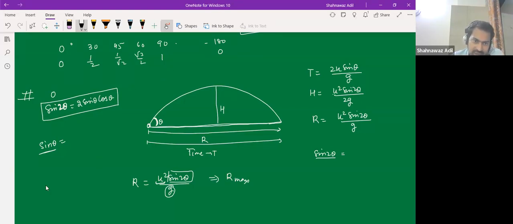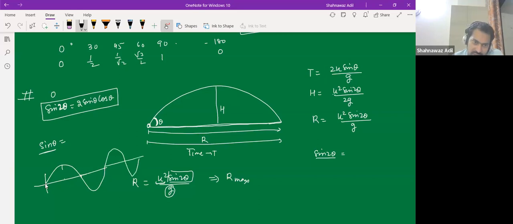So it increases, reaches this one, then decreases and goes to 0, and then increases again. So this is how the sine behaves, right?